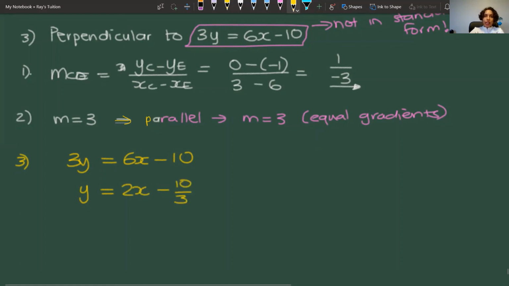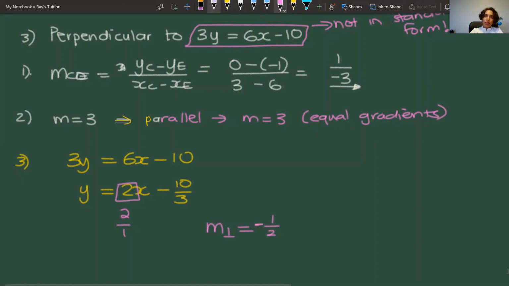Now that it is in standard form, we can read what the gradient is. The gradient is 2. 2 can be written as 2 over 1. So what is the gradient perpendicular to it equal to? I said swap the fraction around, so 2 over 1 becomes 1 over 2, and change the sign. This was positive, so the perpendicular gradient will be minus a half.